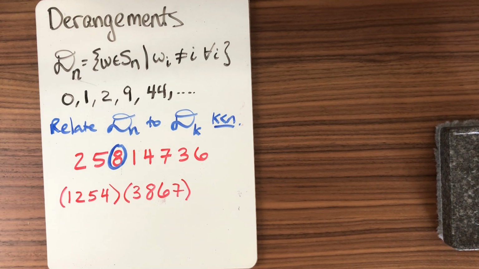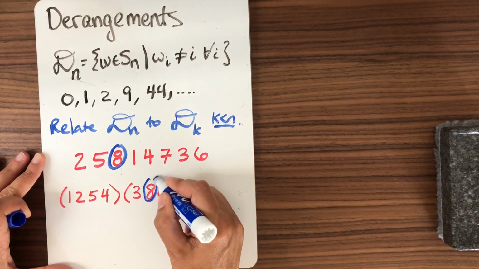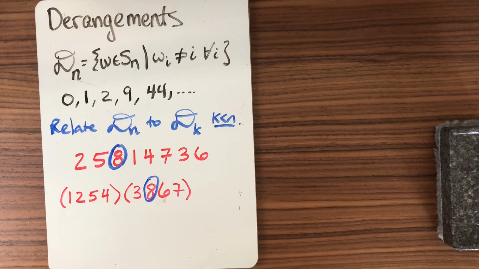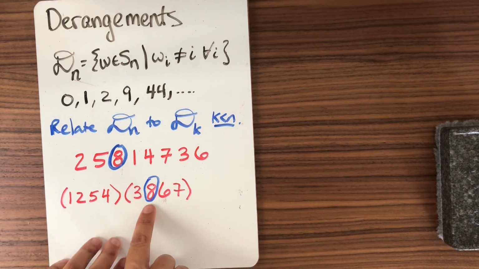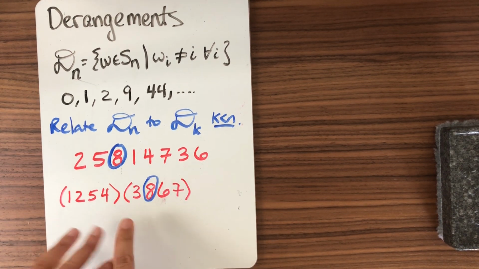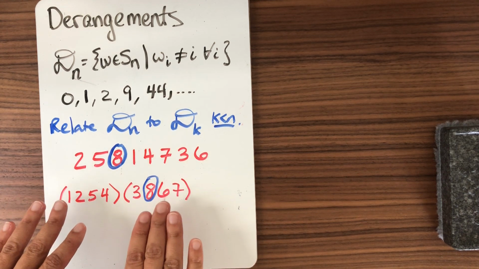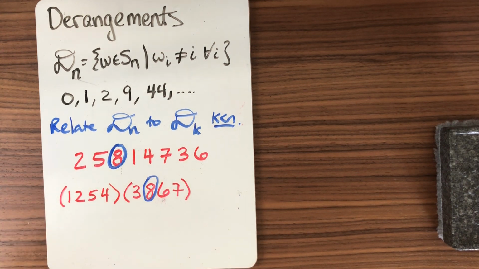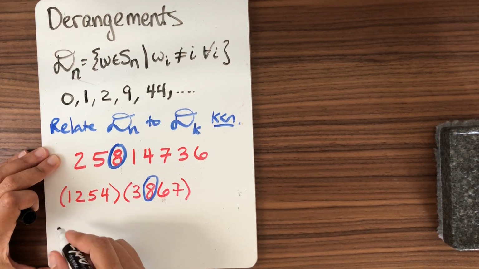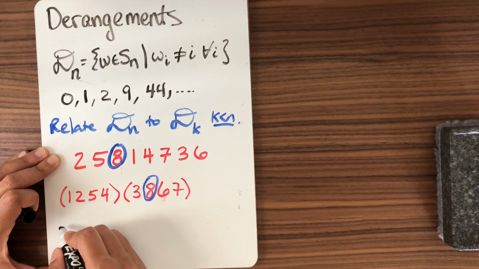And now let's again look at the number 8. If we think about this in cycle notation, we could just drop the 8 out of here and we still have a derangement. So the fact that we can delete the 8 and get a derangement is the first indication of where our recurrence relation is going to live. So let me write the recurrence relation for you.